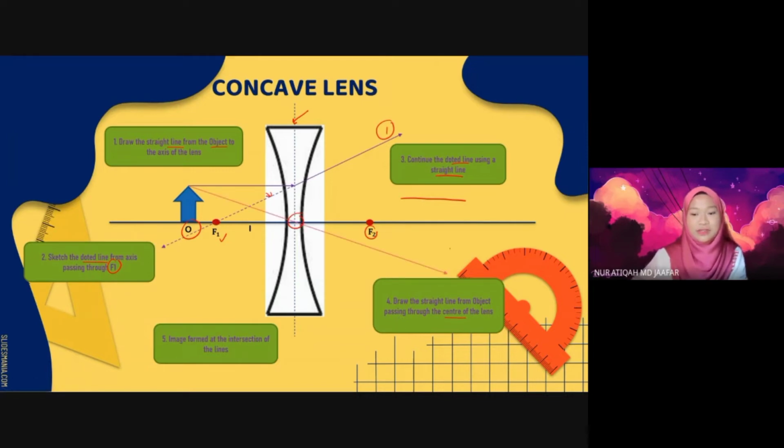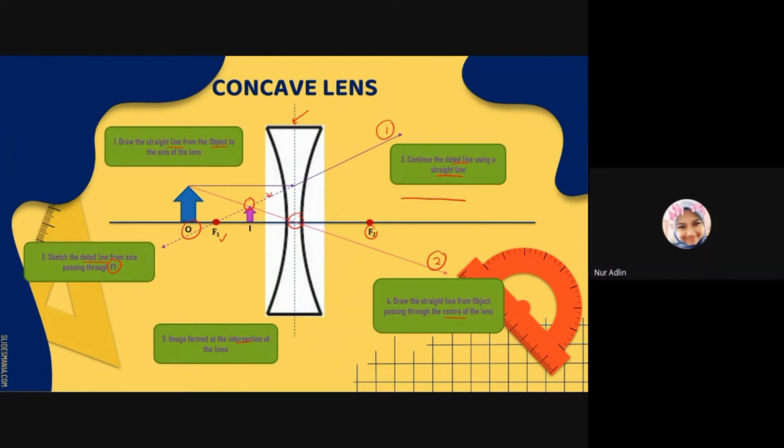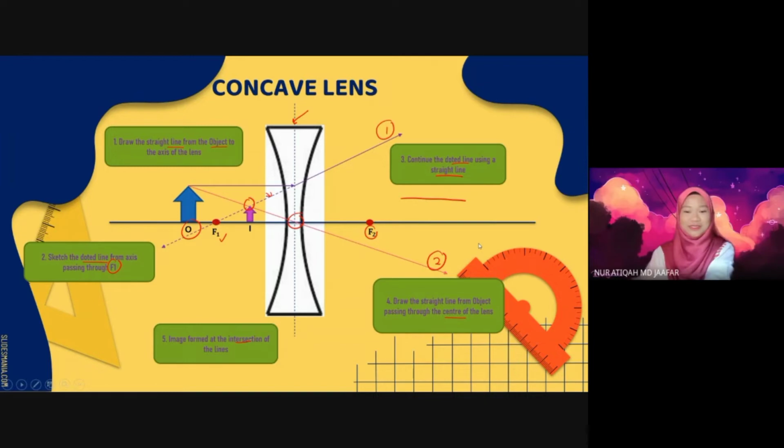Like this. So we already have the second line. And the image forms at the intersection. The intersection is this. Like this. Okay? Do you get it? Yes, teacher. Okay, good.